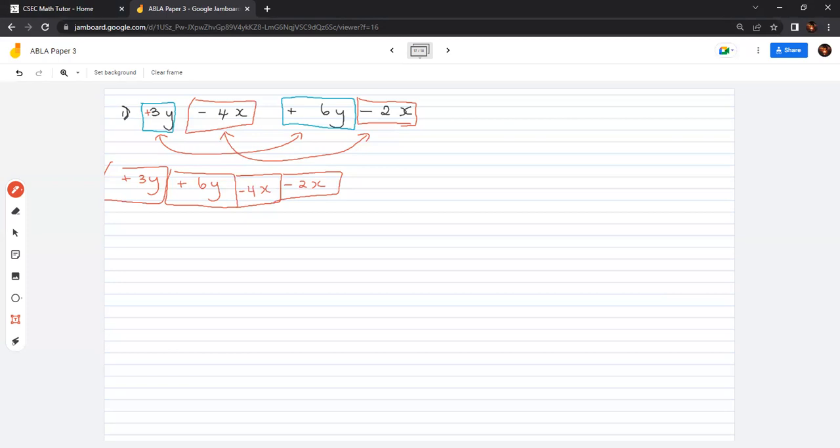Now, another thing that you must be able to apply is your rules when it comes to directed numbers, meaning positive and negative numbers. So you must know these rules.